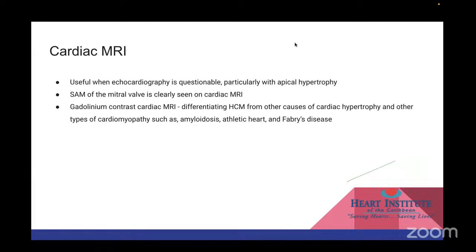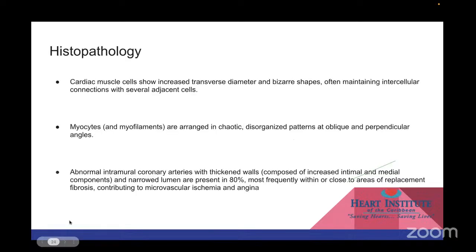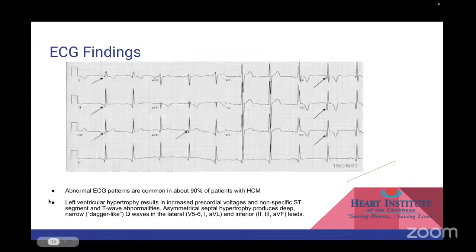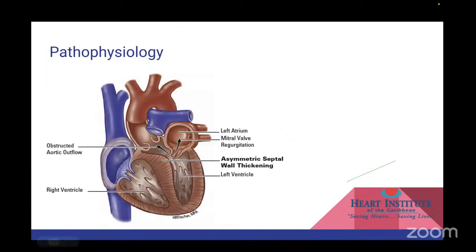So that's one. We also have to understand some issues about the pathophysiology of hypertrophic cardiomyopathy to understand why we treat it the way we do. Dr. Ola has gone deeper into that. But for our younger colleagues, there's something that needs to be understood. About 20 to 25% of people may have spontaneous mutation.